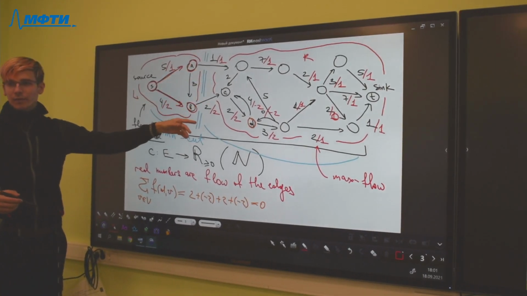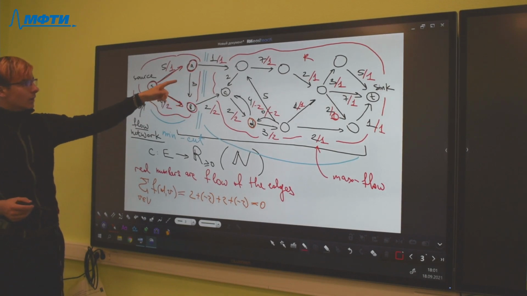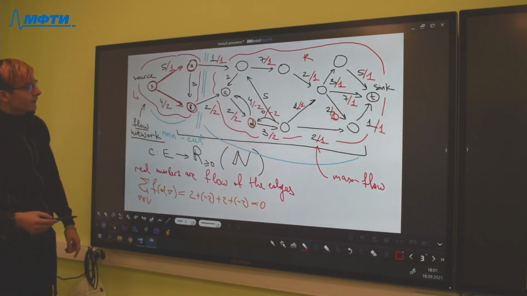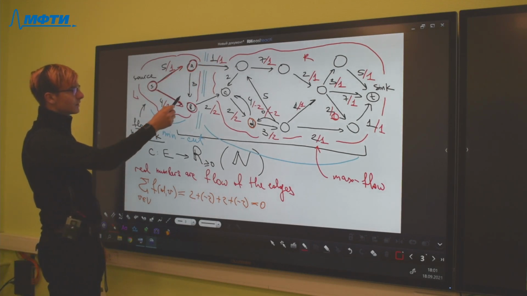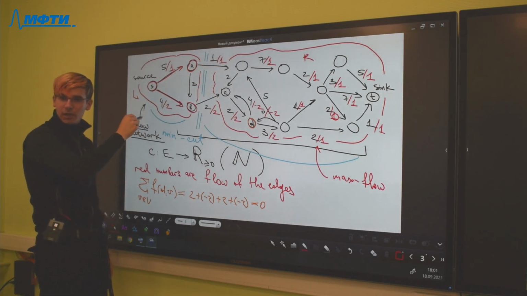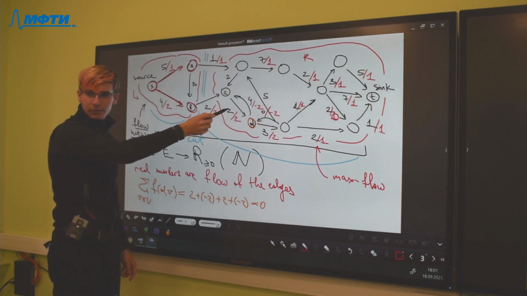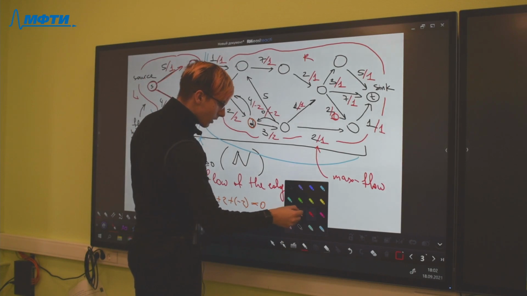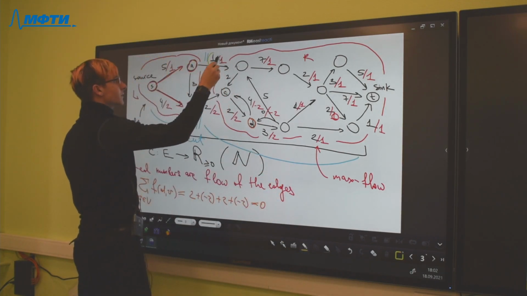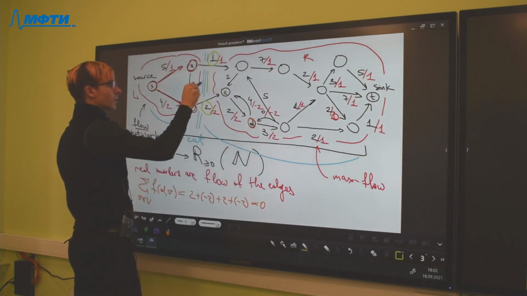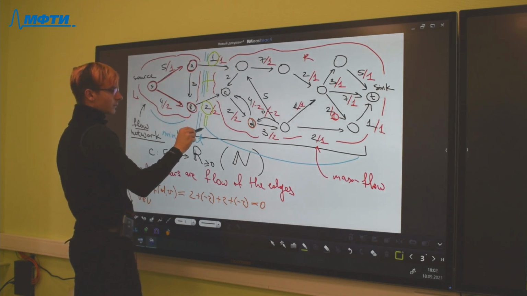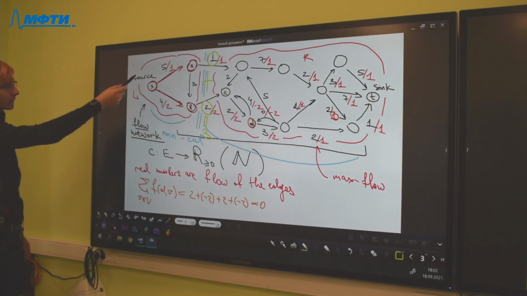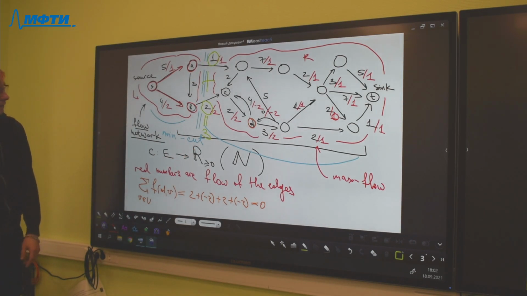The value of the cut is equal to the sum of the capacities of the edges that start in the left part and end in the right part. Okay, we see that the sum of these two capacities, if we sum it, we get 3. And it's equal to the flow that we have in this network.